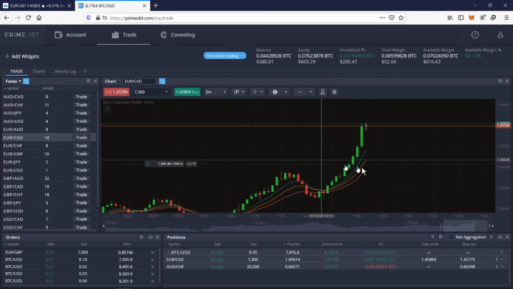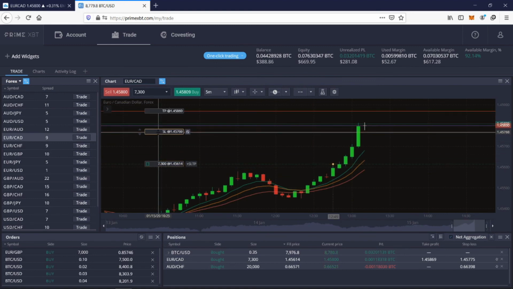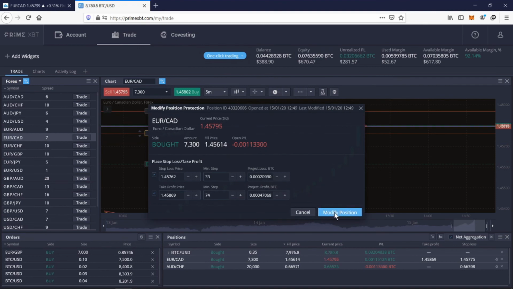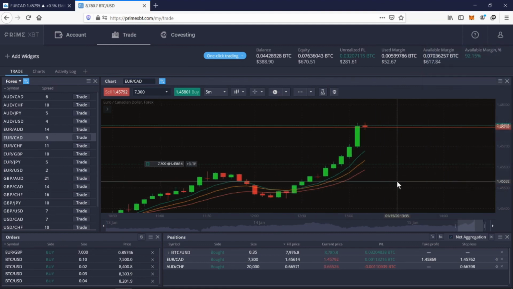Okay, so this is where we are at the moment. What I might do is drop my stop loss down just a little bit. Okay, just give it a little bit of extra room, and then we'll see if it does go up from there.